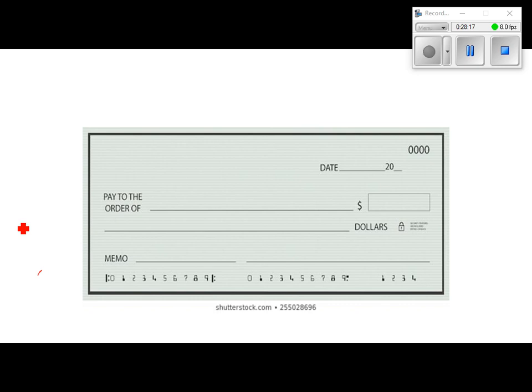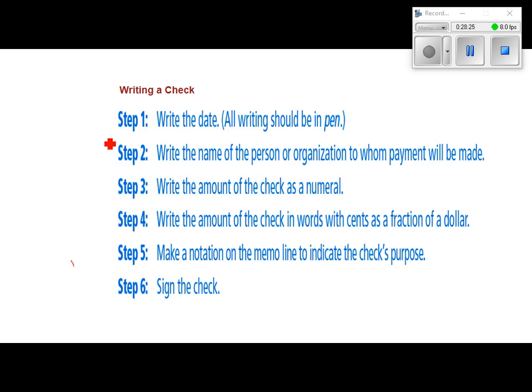Did you get finished, Seth? They just switched on us. Do you want us to go in pen? I don't care if you're doing pen or not.